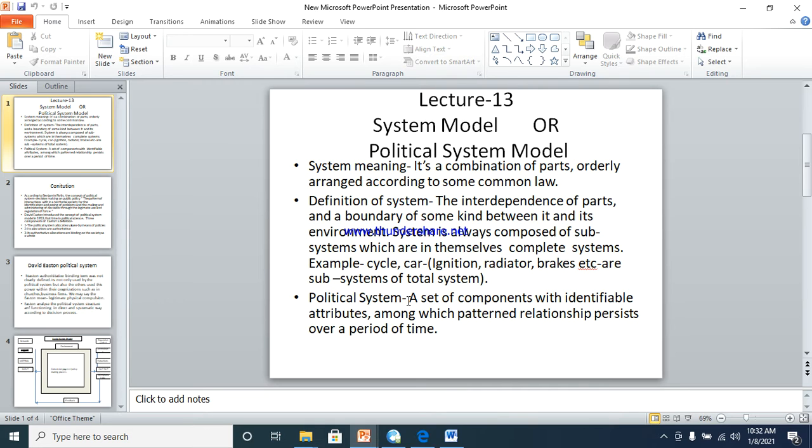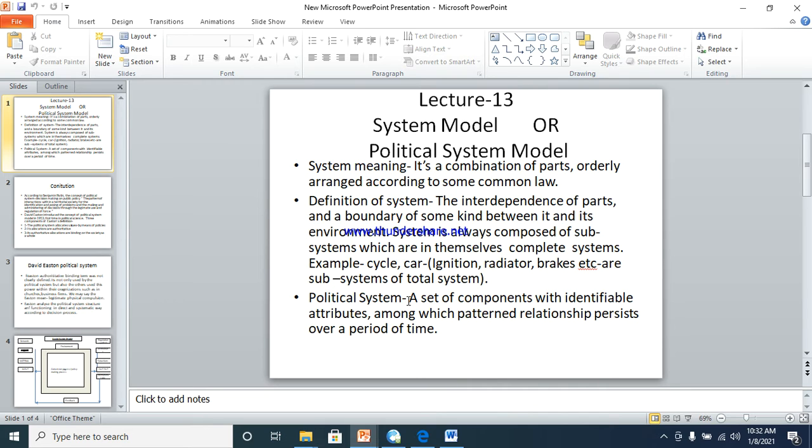Political system: we define a political system as a set of components with well identified variable attributes among which patterns of relationships persist over a period of time.